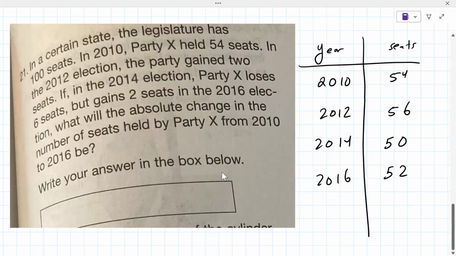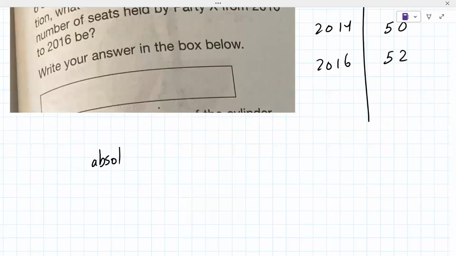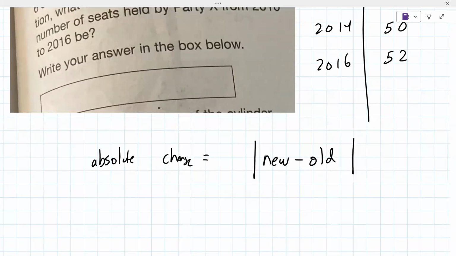Great. So the absolute change, I mean, we haven't talked about this, but the absolute change is just the difference. It's the new minus the old. Okay, and it's typically an absolute value. 52 minus 54. Yeah.